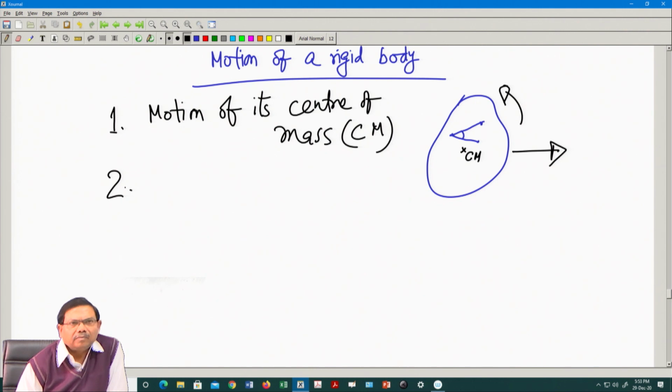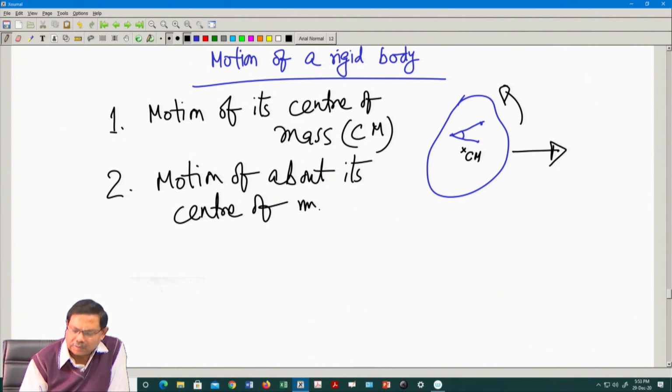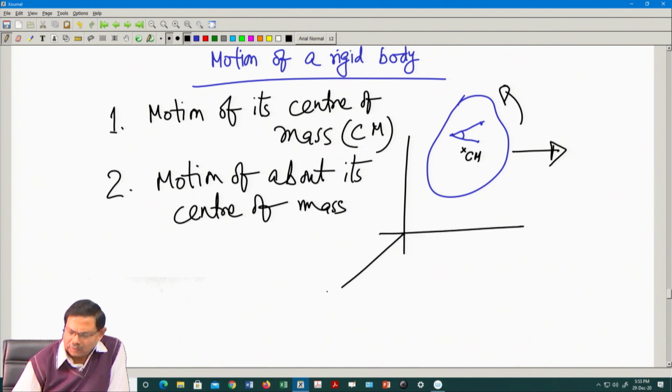and about the center of mass there could be rotation about any axis, then there is motion about its center of mass, that will also require 3 coordinates. So, if a body is moving, let us say first I choose a coordinate system x, y, z.